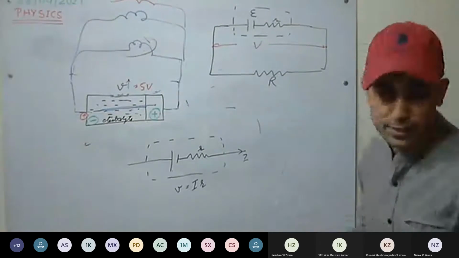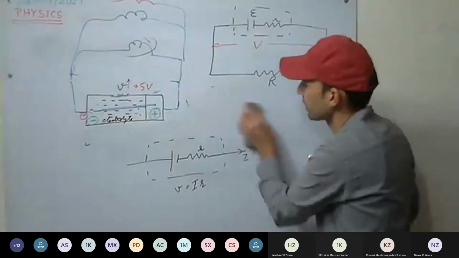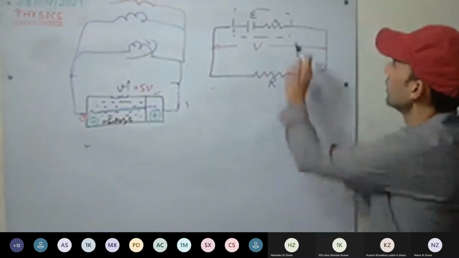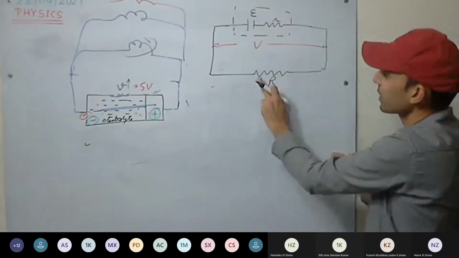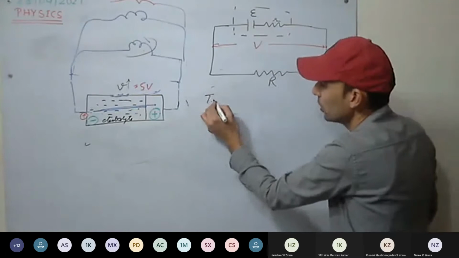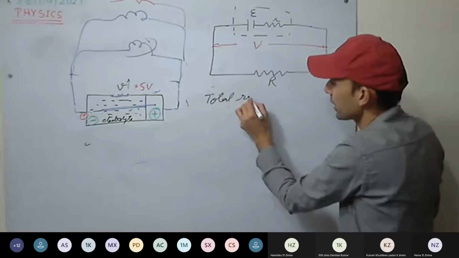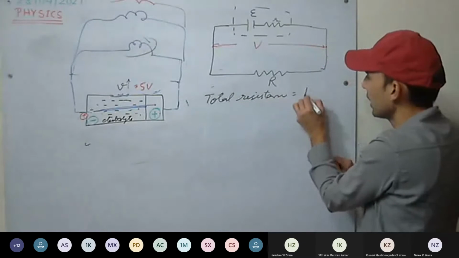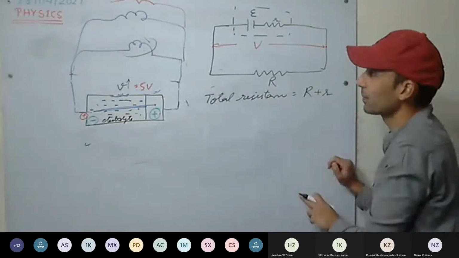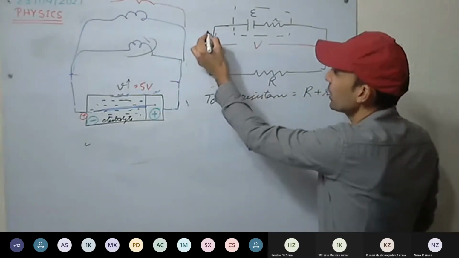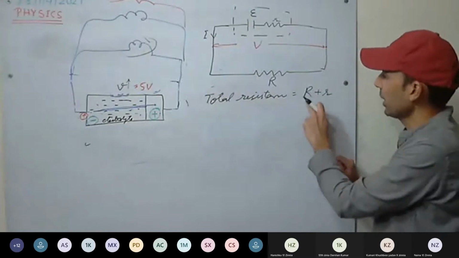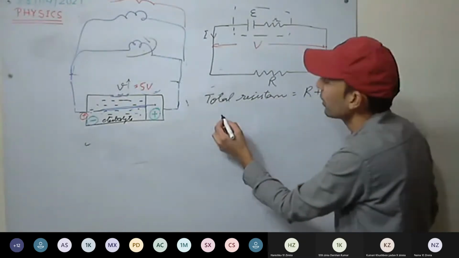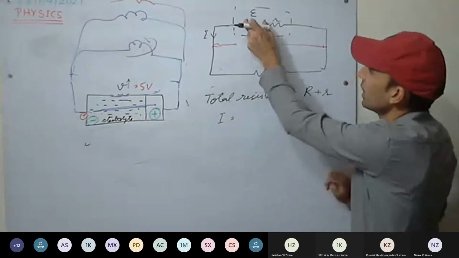So what will be the total resistance of the circuit? This R plus small r, they are connected in series. So total resistance is R plus small r. Let I be the current flow. What will be the current flow?